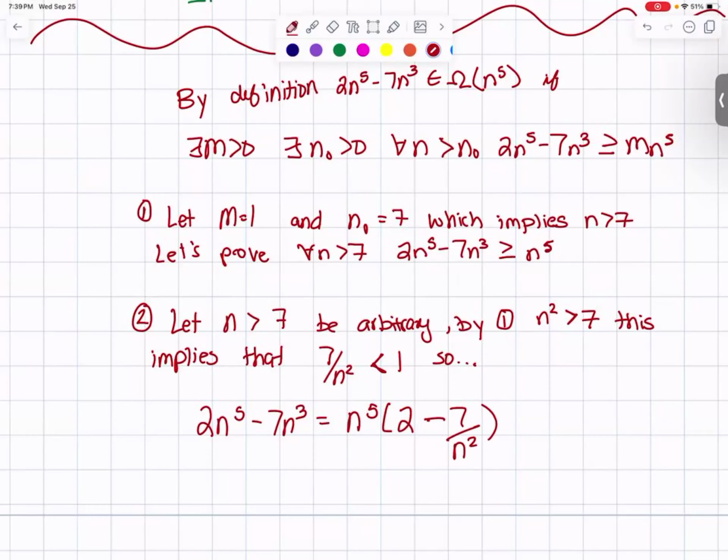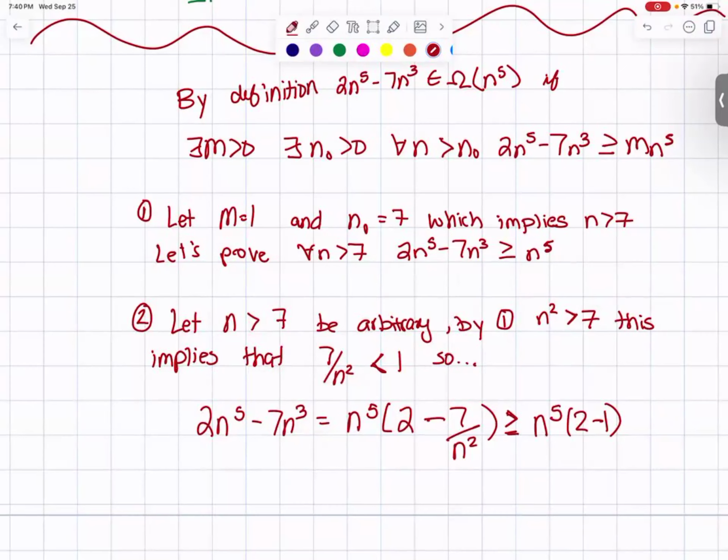And then this is greater than or equal to n to the 5 times 2 minus 1. And that's true because of the values we've chosen. So that is true just from the values we've chosen.